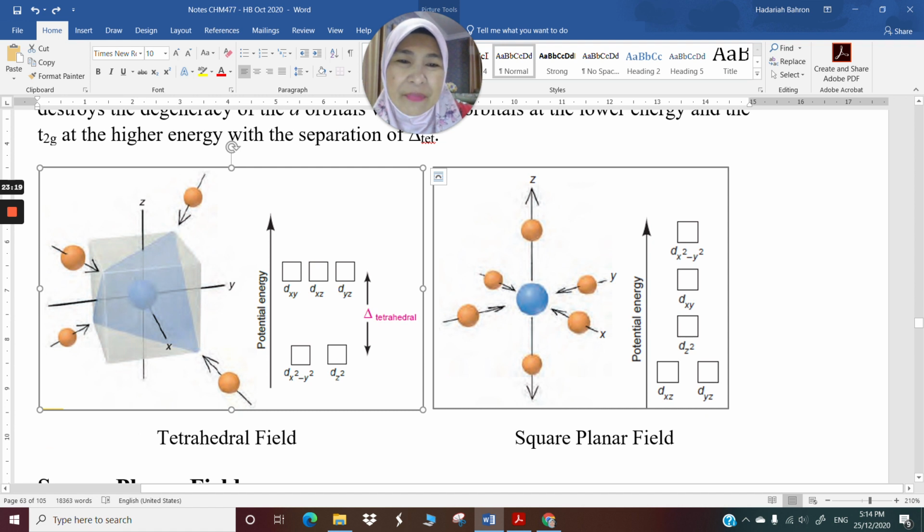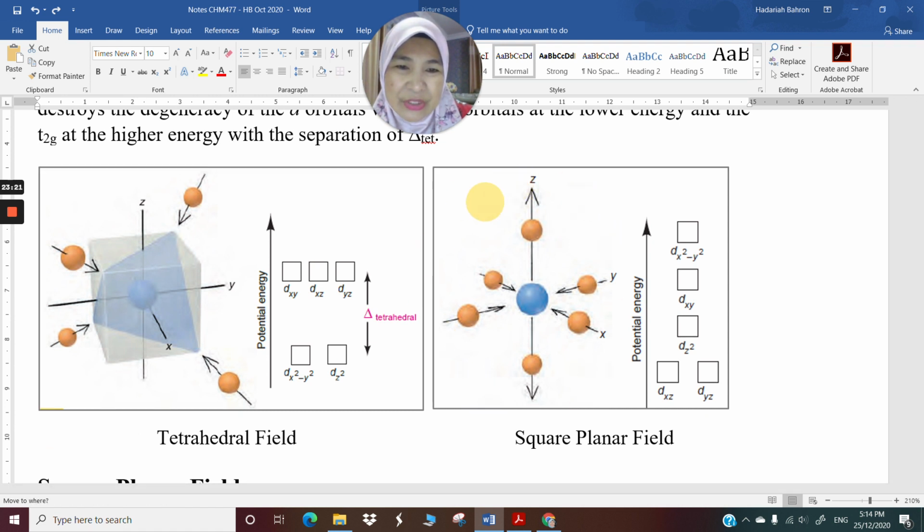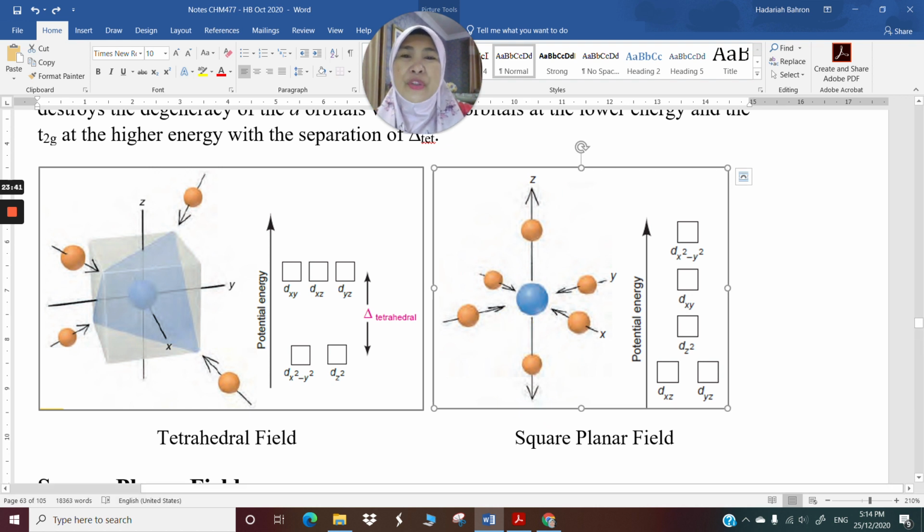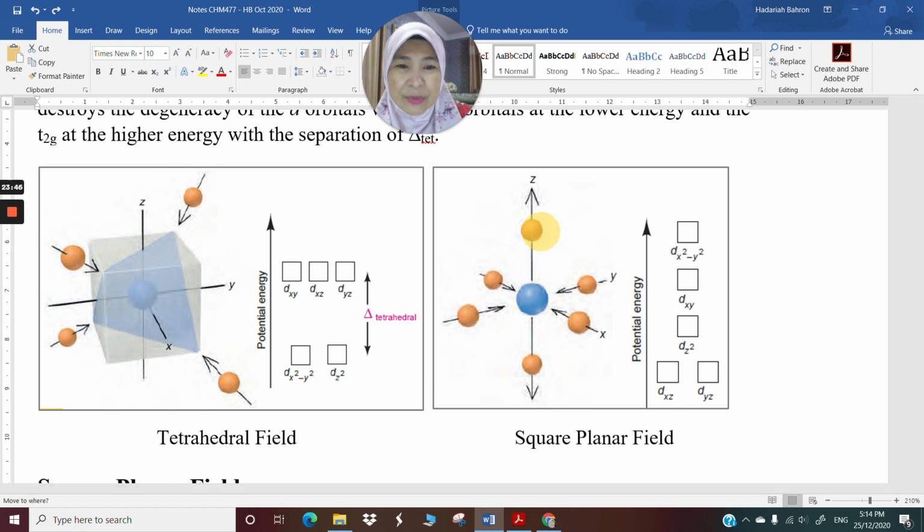Now, if you look at this picture, this is the situation where 6 ligands are attached to one central metal atom in the octahedral manner, 2 on the x-axis, 2 on the y-axis, and 2 on the z-axis. To make a square planar complex, all you have to do is pull away the ligands sitting on the z-axis.